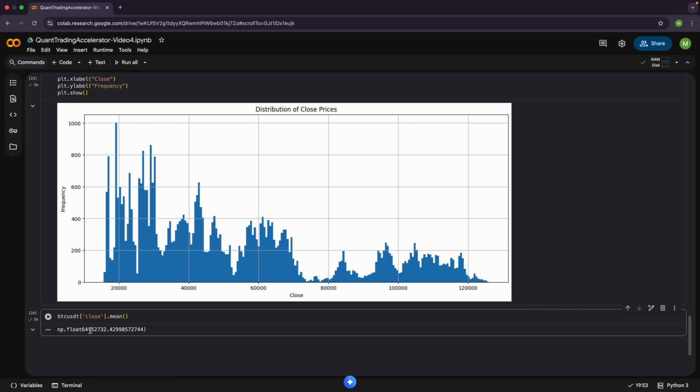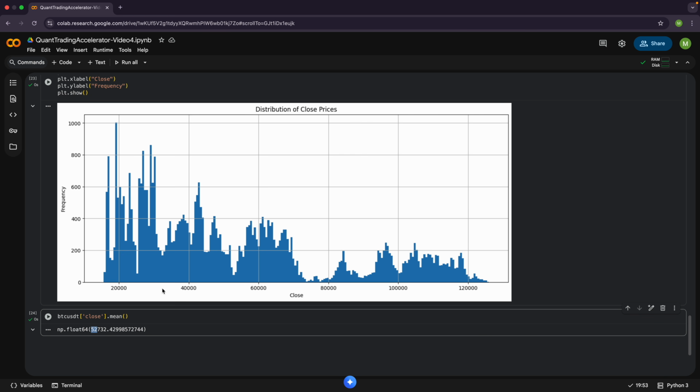It's telling me that the central tendency is around this $52,000 mark, roughly around here, but it really doesn't make that much sense, because you can see visually this is not a central tendency. If it were a central tendency, it would be the highest peak. And really, you can see the highest peak is just below the $20,000 mark.